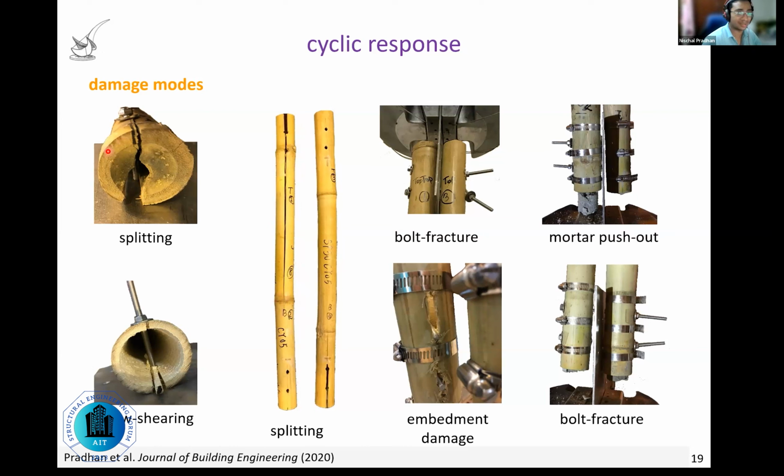As you can see here in the result, the splits can propagate easily through the nodes. Here also, very, very close. Now, if you add confinement, you can eliminate the splitting entirely to get a different failure mode, and in particular, a damage mode in the form of embedment and failure in the form of bolt fracture.